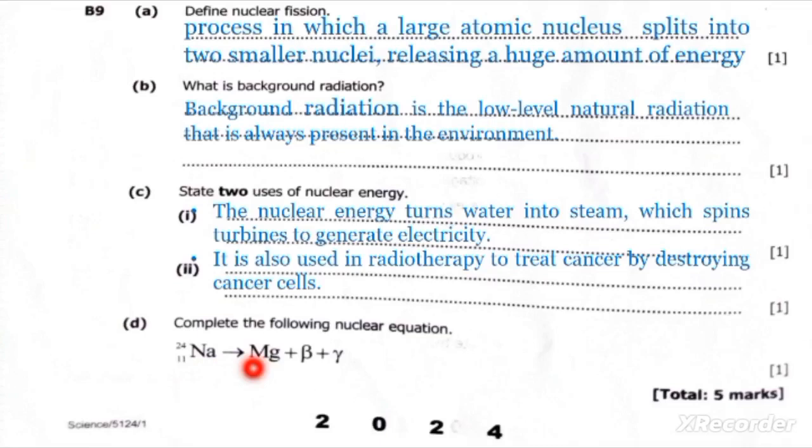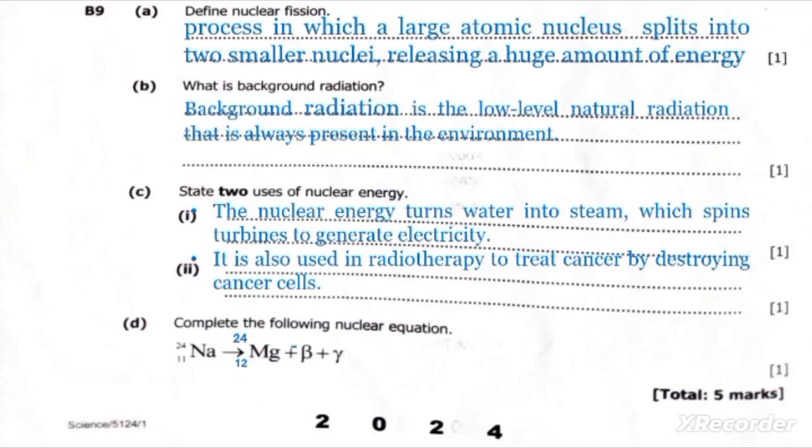We can also check on the periodic table. On the periodic table, we are going to discover that the atomic number of magnesium is 12. Then the mass number of magnesium is 24. Therefore, we are going to have the mass number, which is 24, and the atomic number 12. Then the beta particle will have a negative charge.